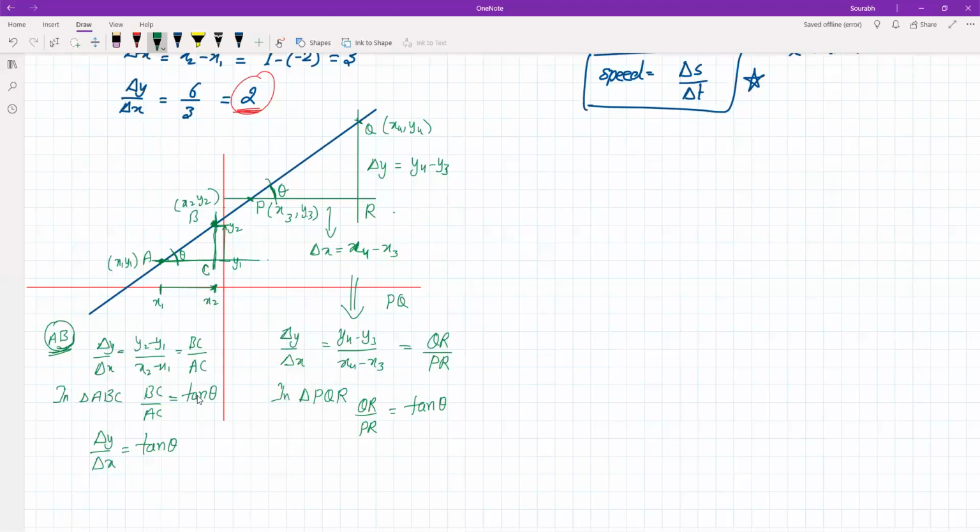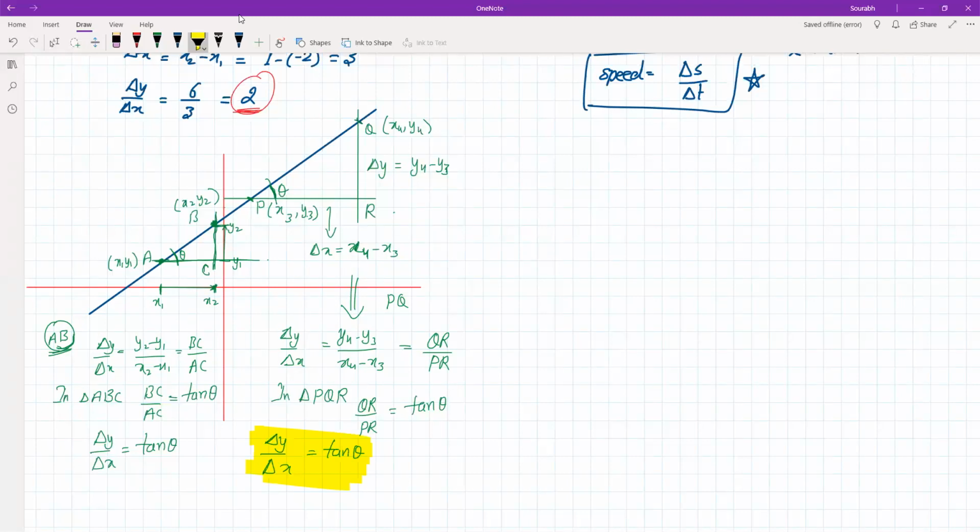So what does it mean? That here also delta y by delta x is equal to tan theta. So what we have done here is that we have chosen arbitrary points. We have not taken one specific point. We have taken any 2 points on any straight line. So there is no specific equation for this. There are no specific values for x1, y1 or x2, y2 or x3, y3 or x4, y4.